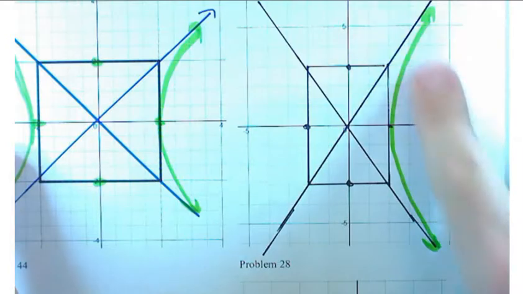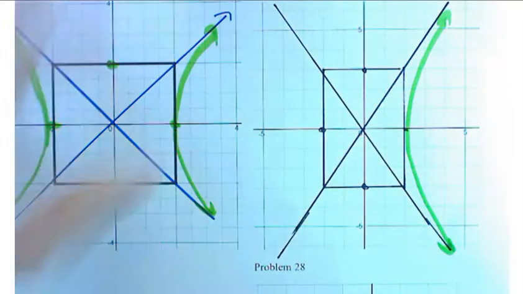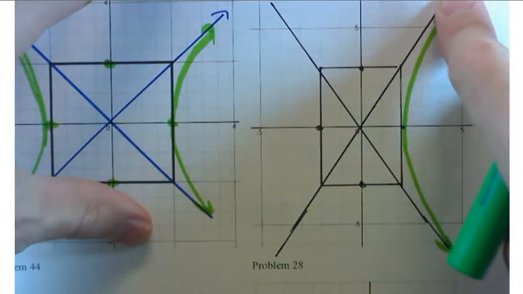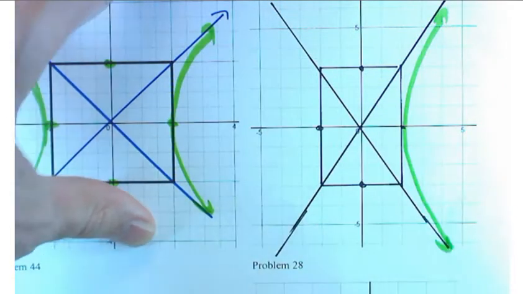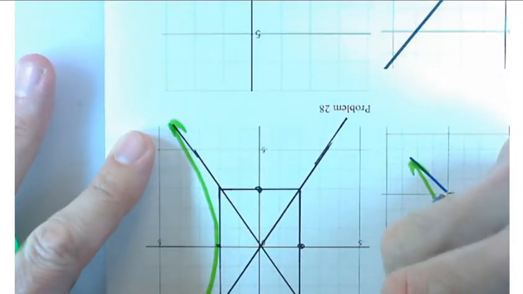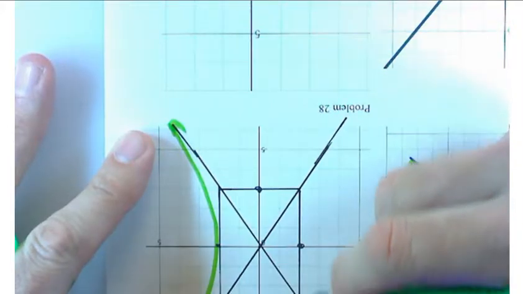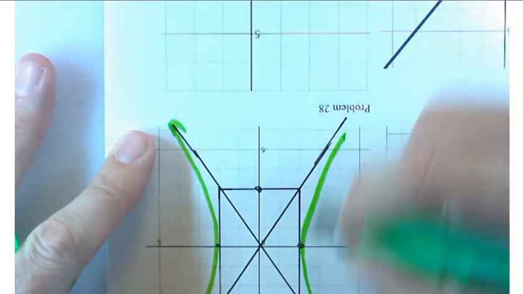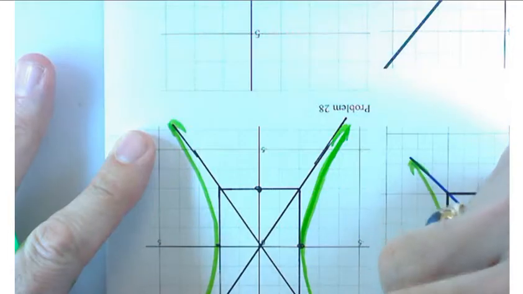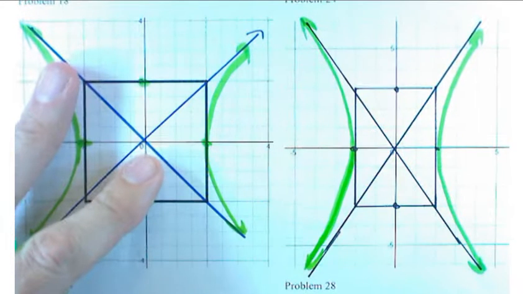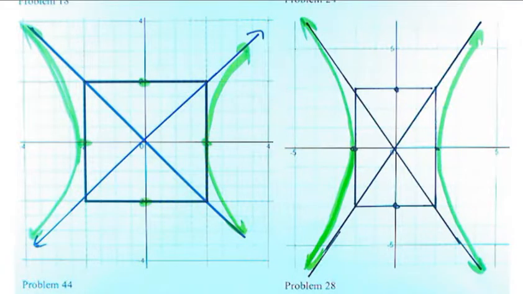Just don't egregiously cross it or bounce off of it. These lines should be getting closer and closer to those diagonals, the asymptotes. So something like that. These looking okay so far? These first couple? All right.